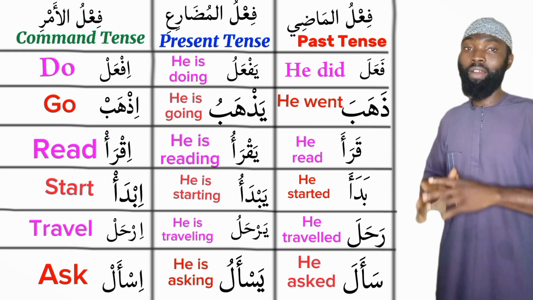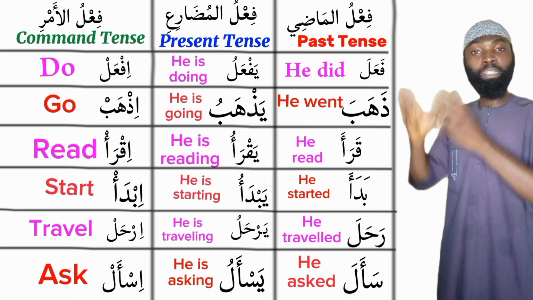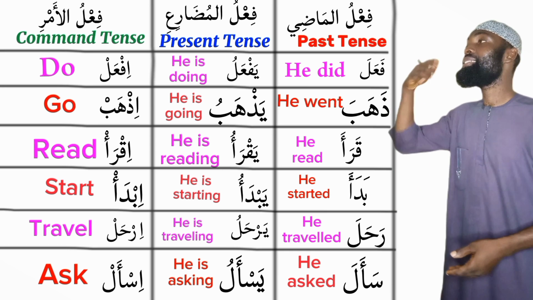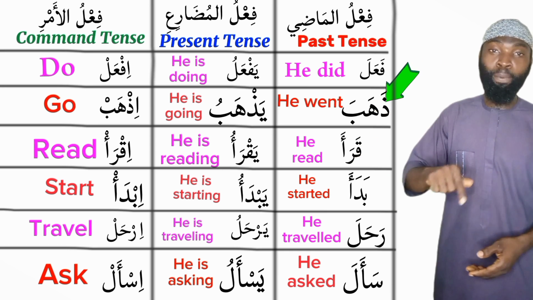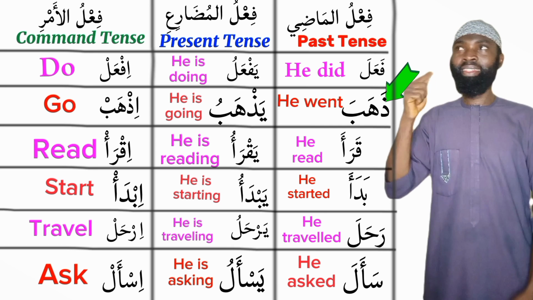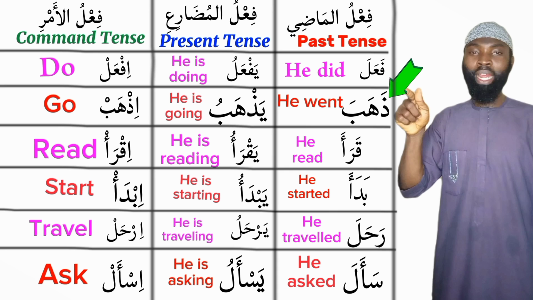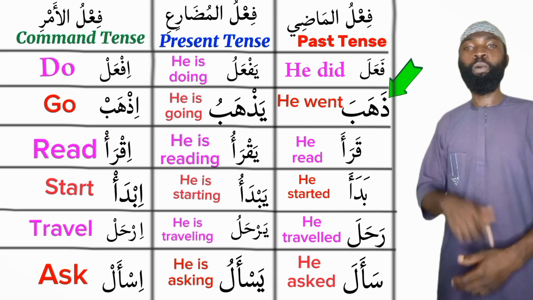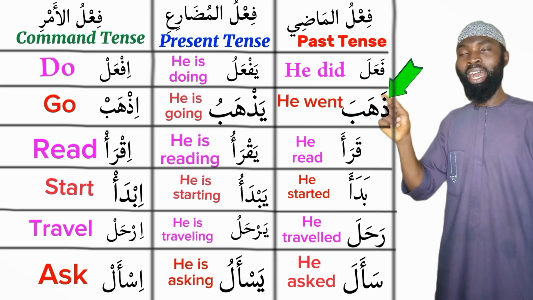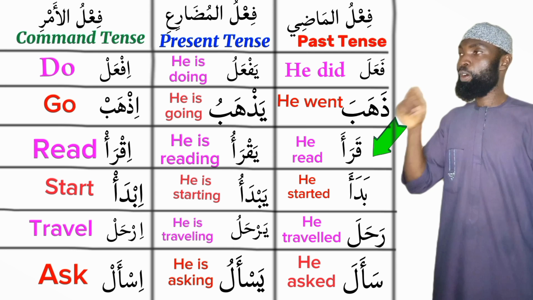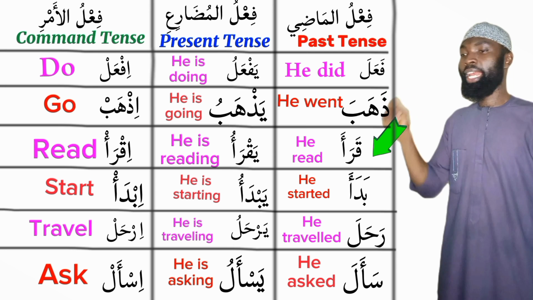And these six words we have mentioned today fall under this pattern. The first word is dhahaba, yadhhabu, idhhab. Read with me. Dhahaba, yadhhabu, idhhab. He went, he is going, go.